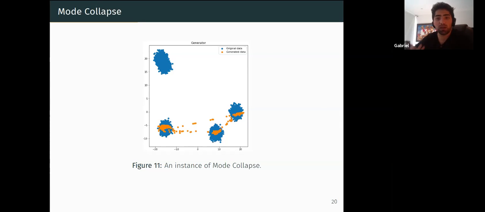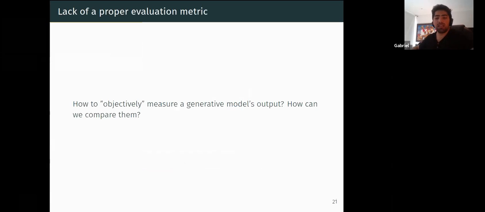So it's a very active area of research to learn how to make the generator represent the whole support of the data. And there's this last question, which is more of a political discussion: how do you objectively measure the quality of a generated sample, and how do you measure it?